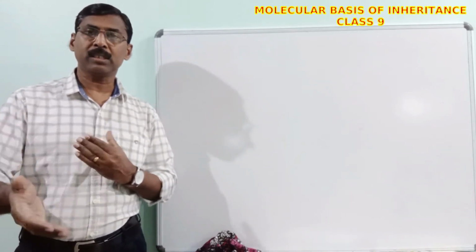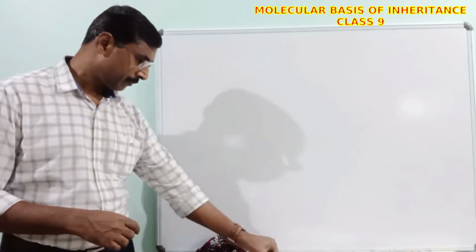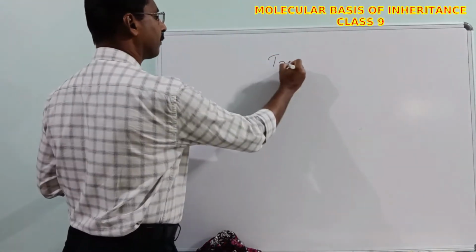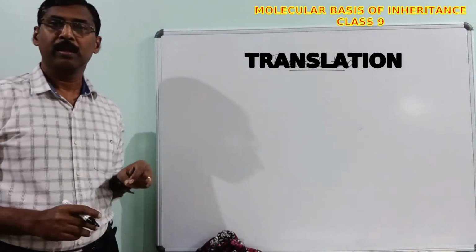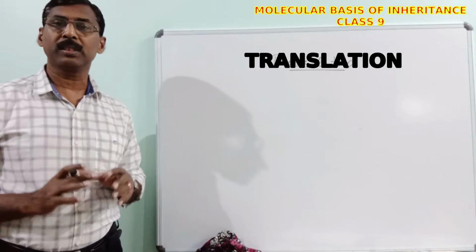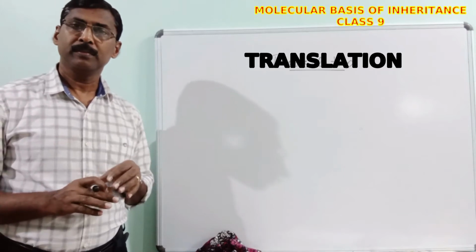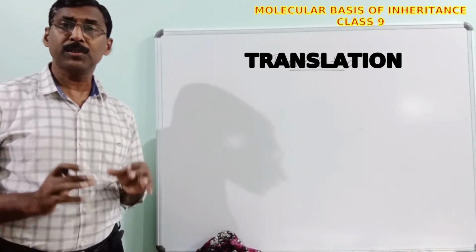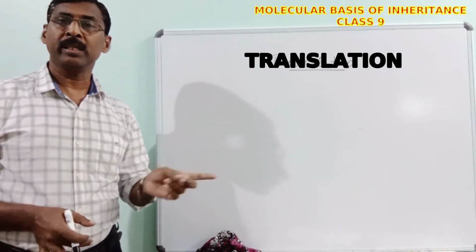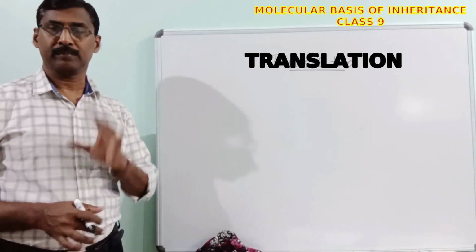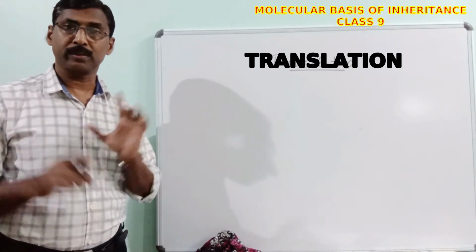Okay, now the next step in the central dogma is translation. Translation is the process of synthesizing a protein. Not simply any protein, but a protein whose amino acid sequence is determined by the DNA and transferred to the messenger RNA in the form of genetic codes, triplet codes.